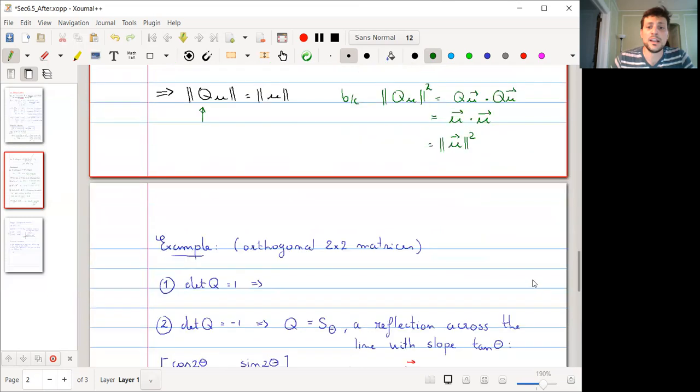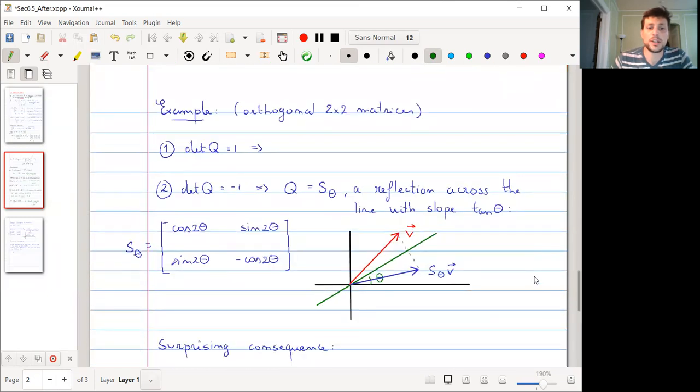Okay, let me finish by mentioning one important example of orthogonal matrices. We actually know what all possible orthogonal matrices are if their size is 2 by 2. So in the 2 by 2 case, orthogonal matrices are classified. And they're classified as follows.